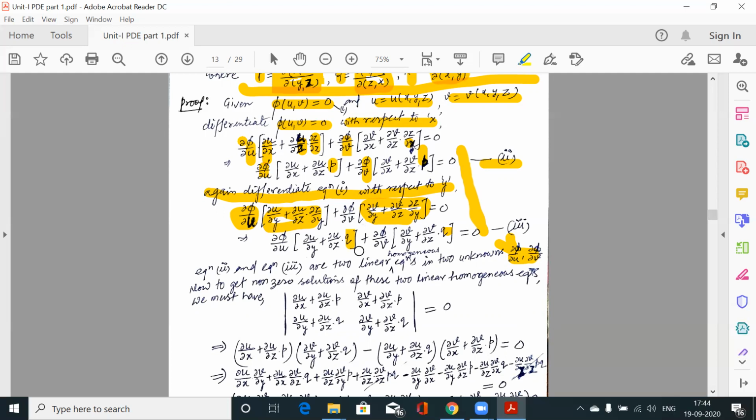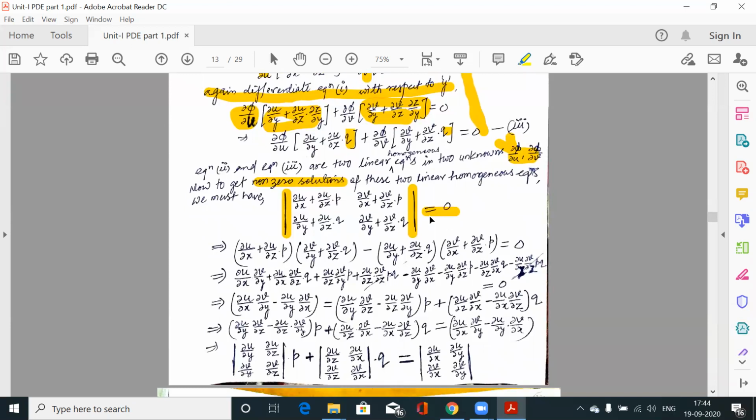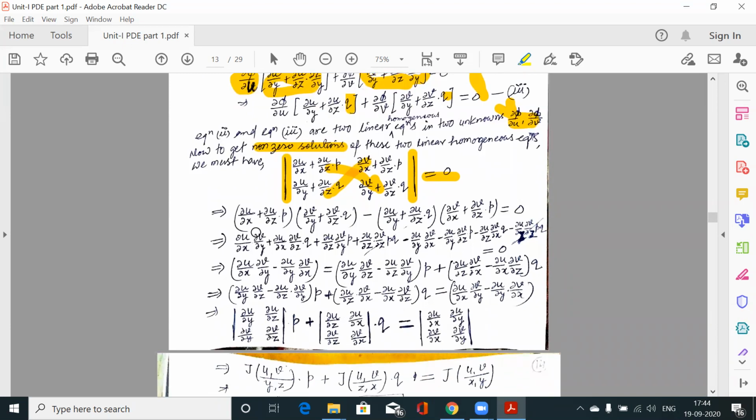So if we want a non-zero solution of this system, the determinant of coefficients must be 0. So this determinant is 0. Solving this determinant means this into this minus this into this is equal to 0.